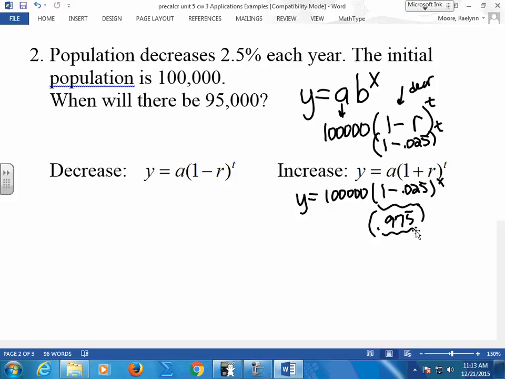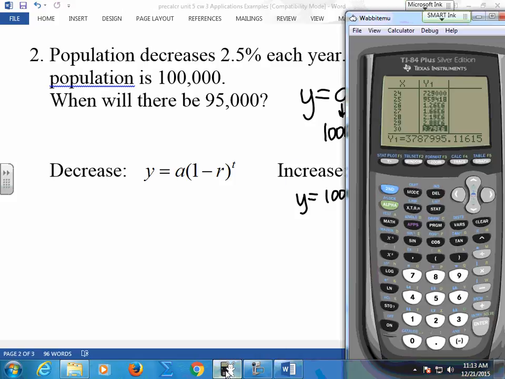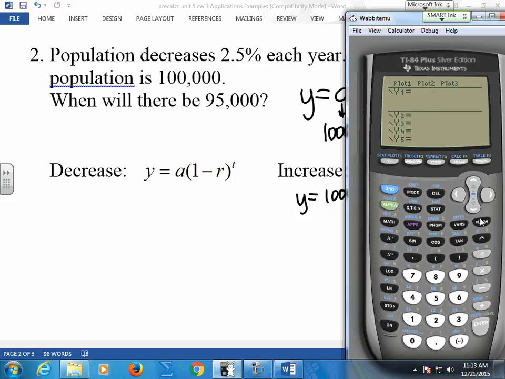So when you put this in your calculator, it's kind of a nice way to start this. Here's your 100,000. And that'll help you figure out your Y max right there. You're doing 100,000 and you're decreasing this. So 1 minus 0.025. Be careful of your decimal.